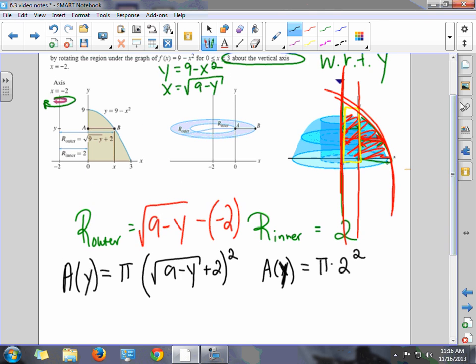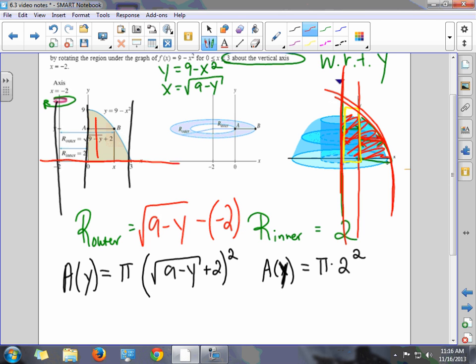Right, so now we want to integrate these things within my bounds. So here's the tricky part. You could see that this goes from 0 to 3, and my x's go from negative 2 to 3, but this is not what I want. I want the y area. So where on my function do I start and stop accumulating area for y? I start accumulating area for y on the x-axis, where y is 0.